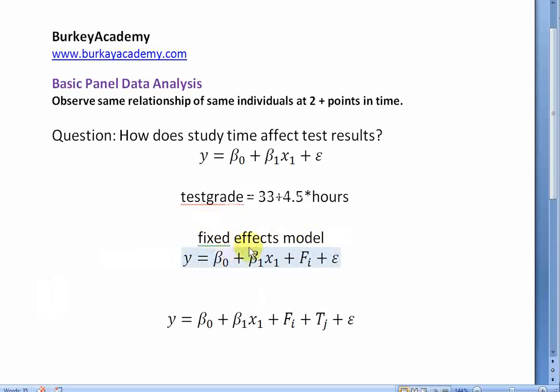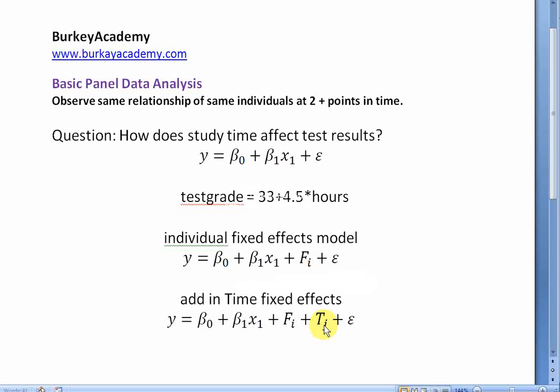Individual fixed effects. In this model, I add in to the individual fixed effects model, I'm also adding in time period fixed effects, or in this case, test fixed effects, because what we're studying here are 3 different tests.